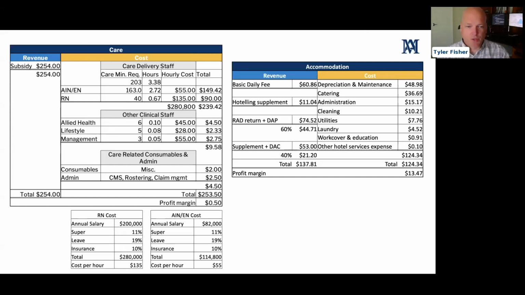And what we're left with is a profit margin of 50 cents per resident per day. So that's an EBITDA of what would be $180.